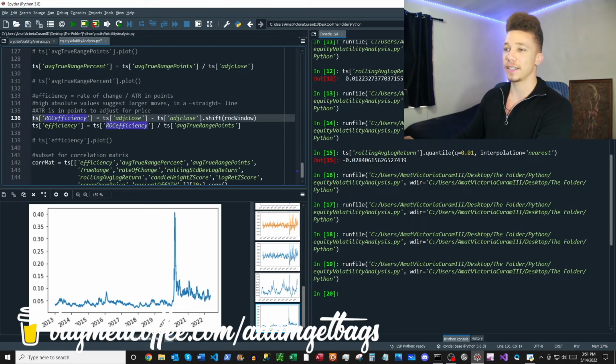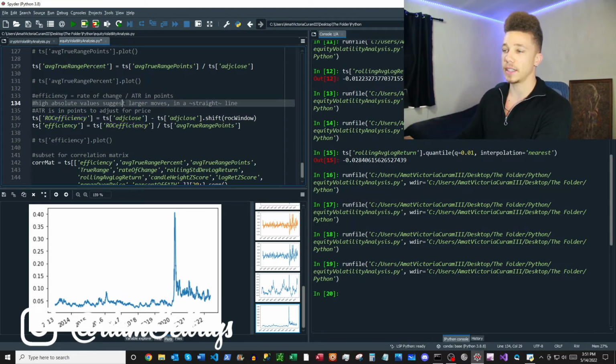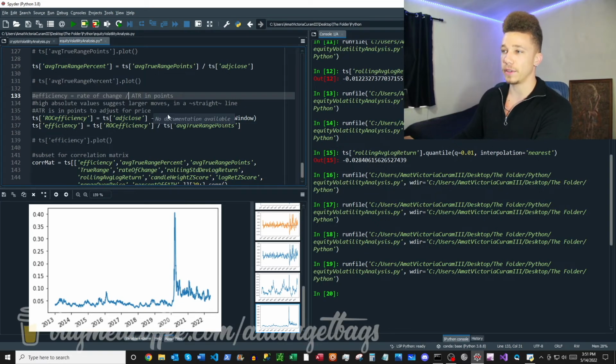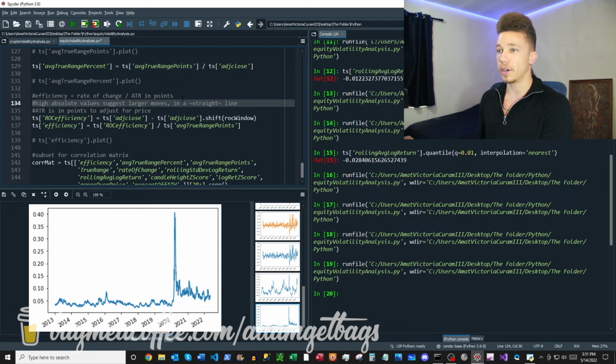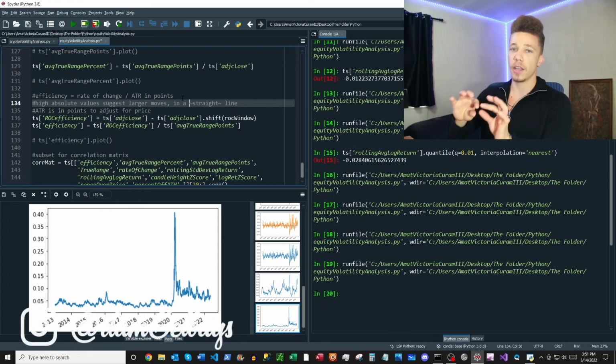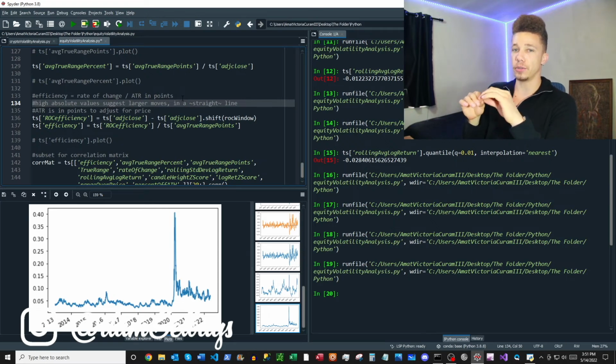Last but not least, we have efficiency. Efficiency here is the rate of change over the average true range in points, and that's going to give you a scaled value, so you can compare different time series, and efficiency is pretty good. High absolute values suggest larger moves in a straighter line. A very high efficiency time series will look like a straight line going up, and a very high negative efficiency will be like a straight line down.